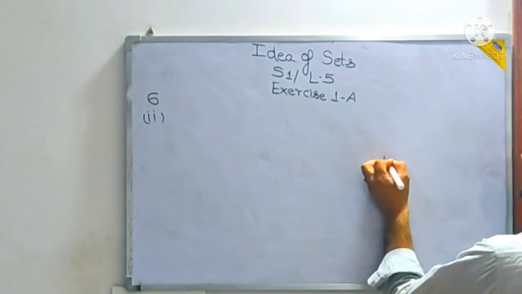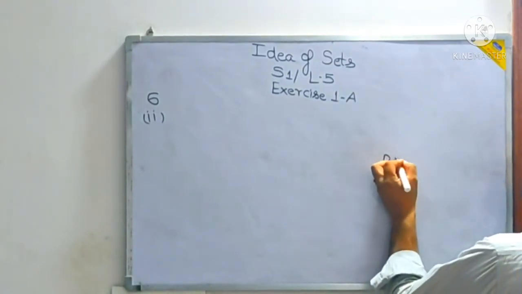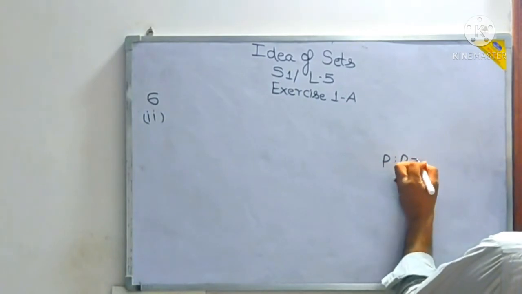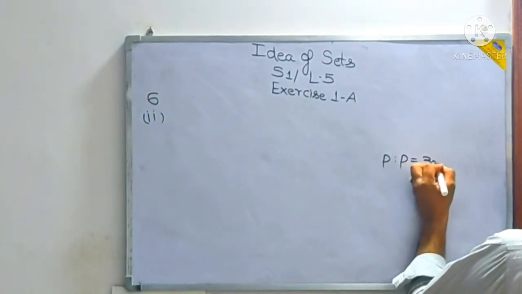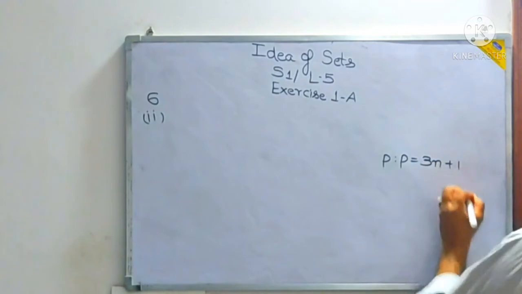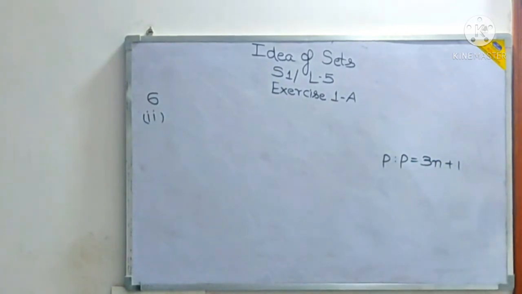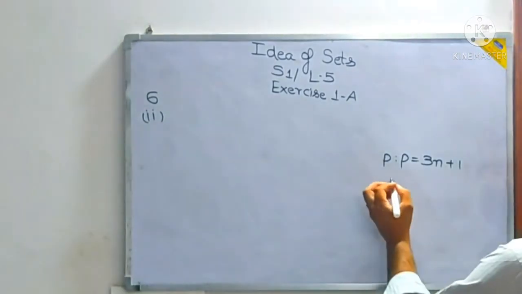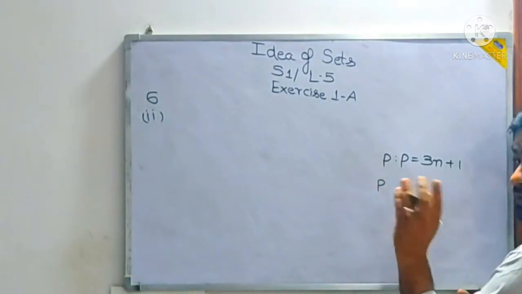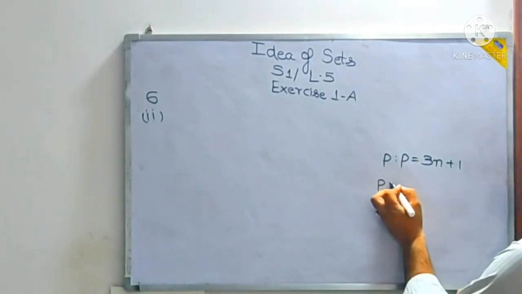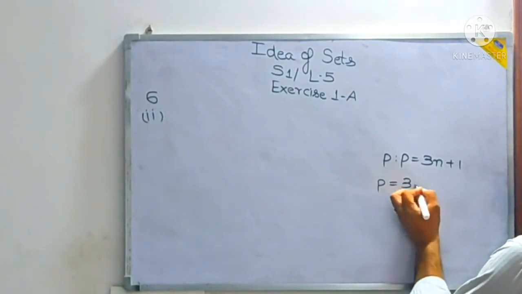P such that P is equal to 3n plus 1. Children, you can consider it to be like this only, for understanding only I am telling this. P is equal to 3n plus 1.